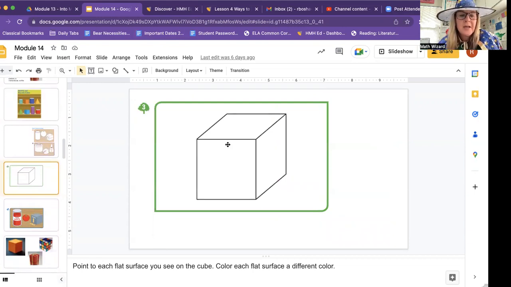All right, here we go. You're going to point to each flat surface you see on the cube, and you're going to color each flat surface a different color. Okay, so we can only see 3 of the sides, right? So we're going to color them all a different color.